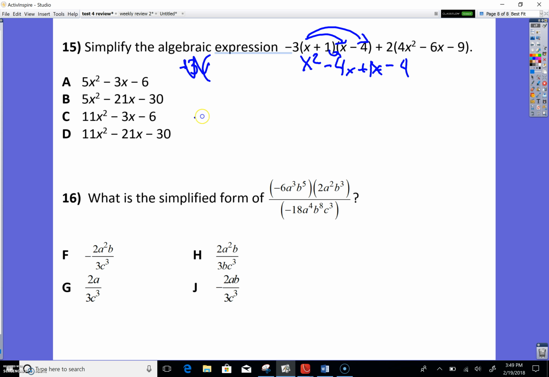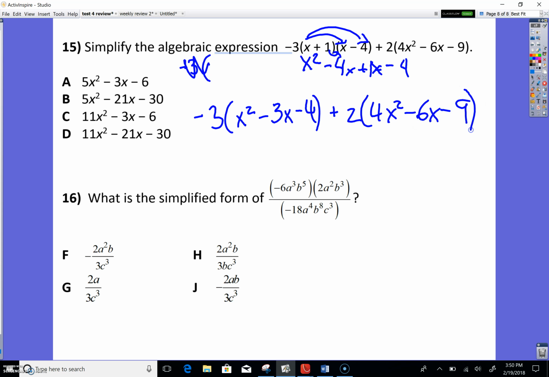Okay, so negative 3 times x squared minus 3x minus 4, plus 2 times 4x squared minus 6x minus 9.